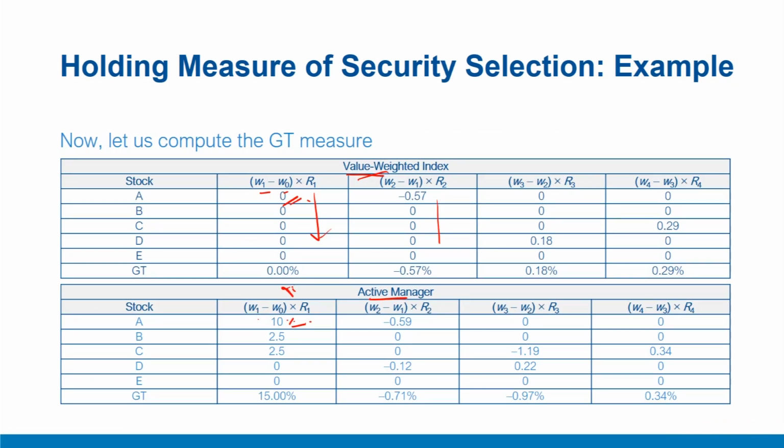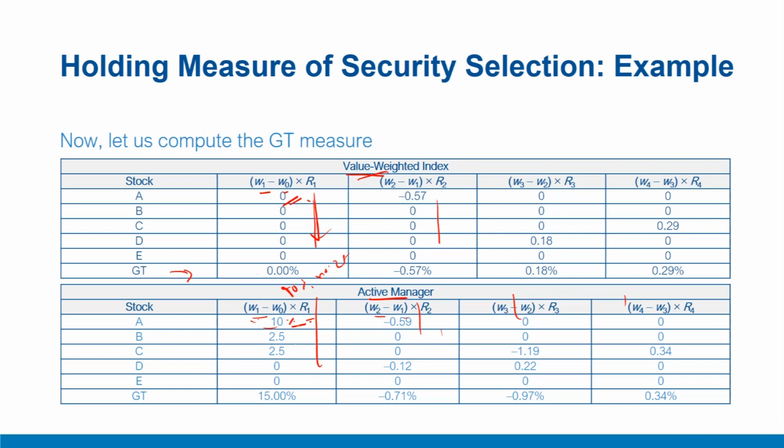So 40% into 0.25 is 10%. So 10% is this number. Similarly, this is computed for all the periods, 1, 2, 3 and 4, using the corresponding weights, W1 minus W0, W2 minus W1, and so on. This gives us the GT measure. The summation of all these numbers gives us the GT measure for the individual periods.